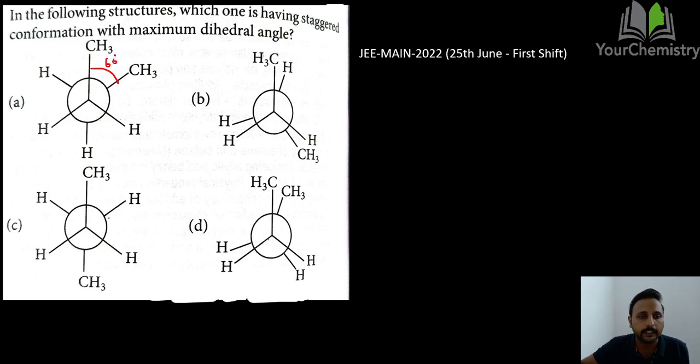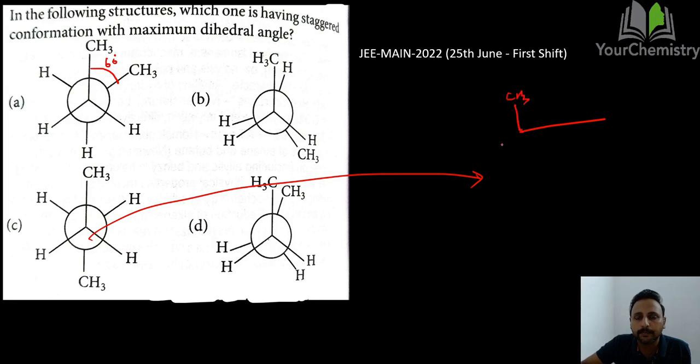So if I take this C option and I draw the Newman projection of that, CH3 is there, H is there, H is there, and CH3 is there, H is there, H is there. So if you see, these two CH3 are 180 degree opposite to each other.